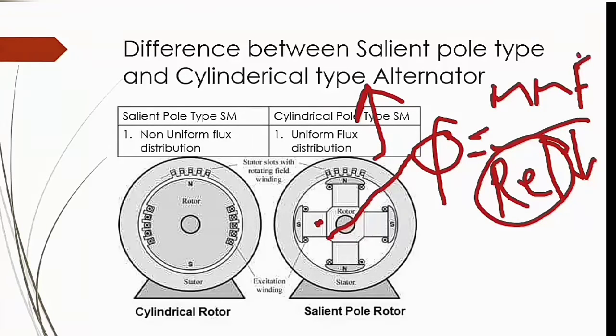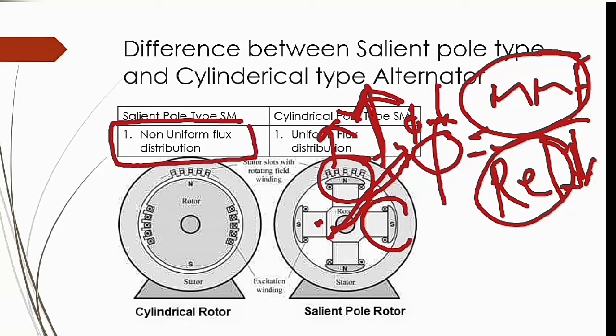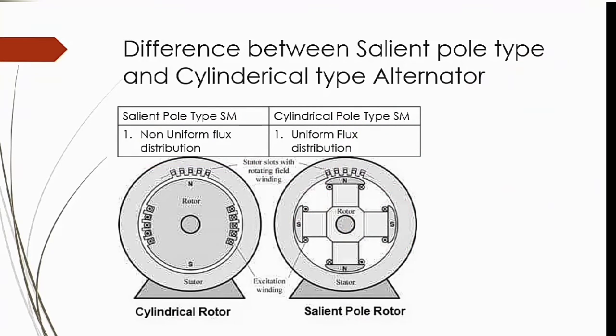If we consider the mmf or the armature current to be constant for a constant load, then where reluctance is small the flux is high, and at the quarter side the flux is low. In this way the flux is not uniform; that means it is non-uniform flux distribution in the salient pole.